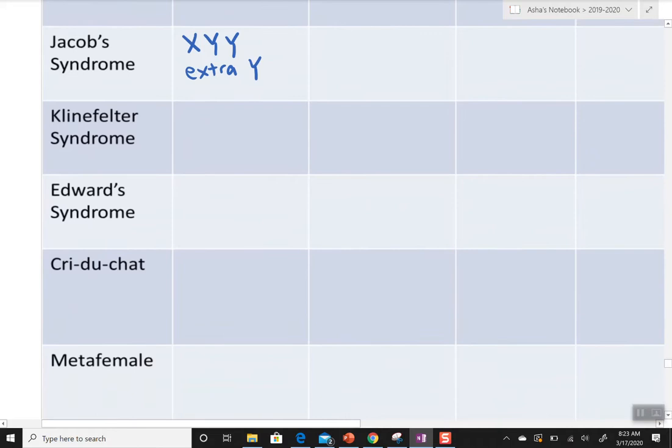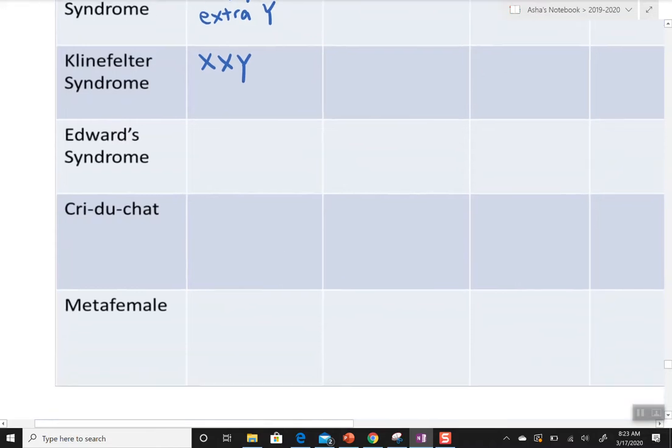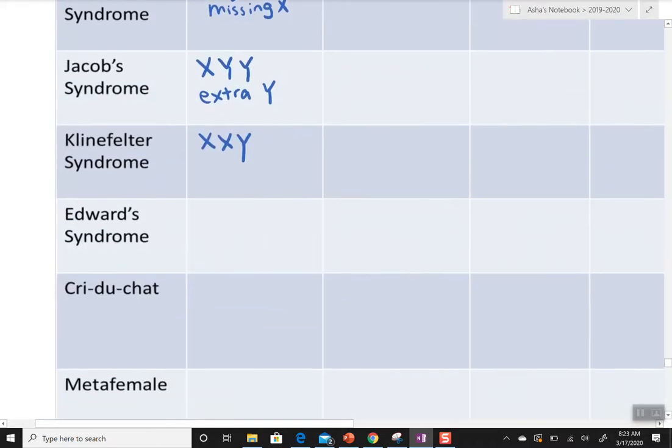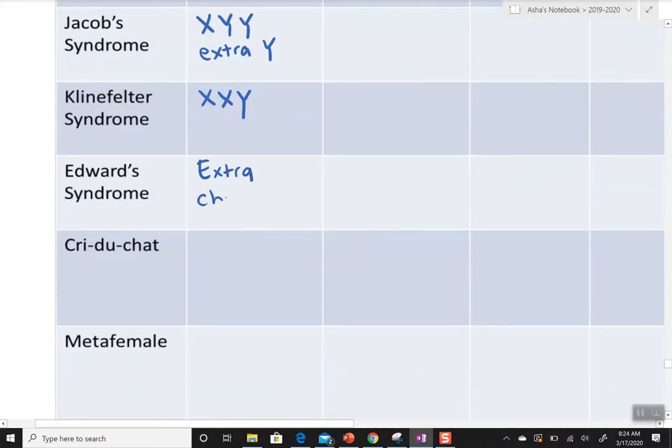Klinefelter syndrome is when you have XXY. And then Edwards syndrome is when you have an extra chromosome 18.